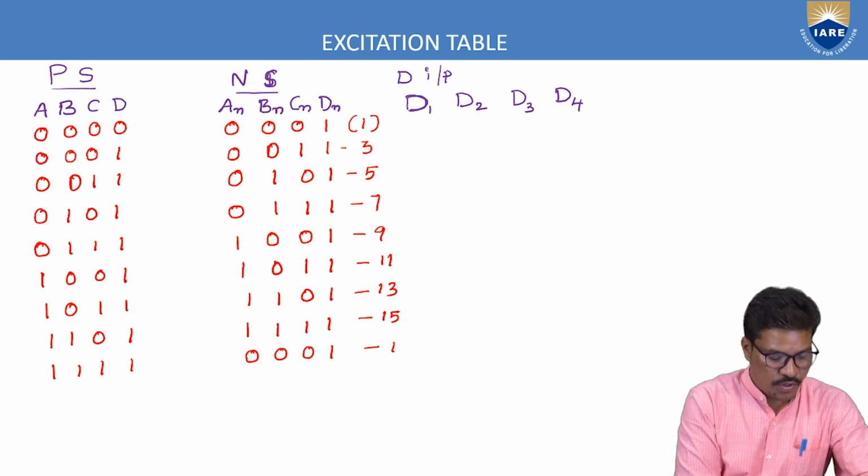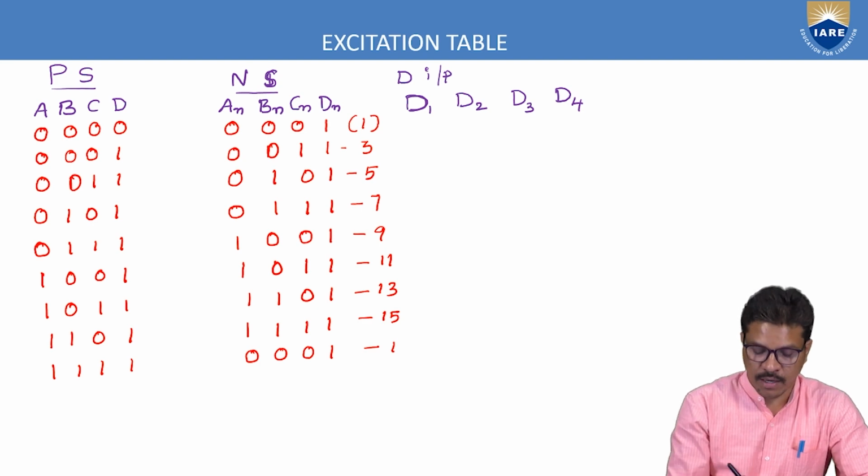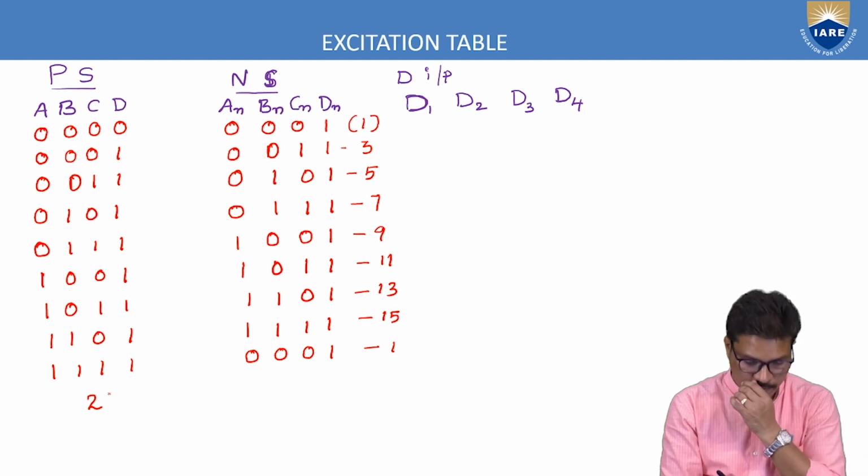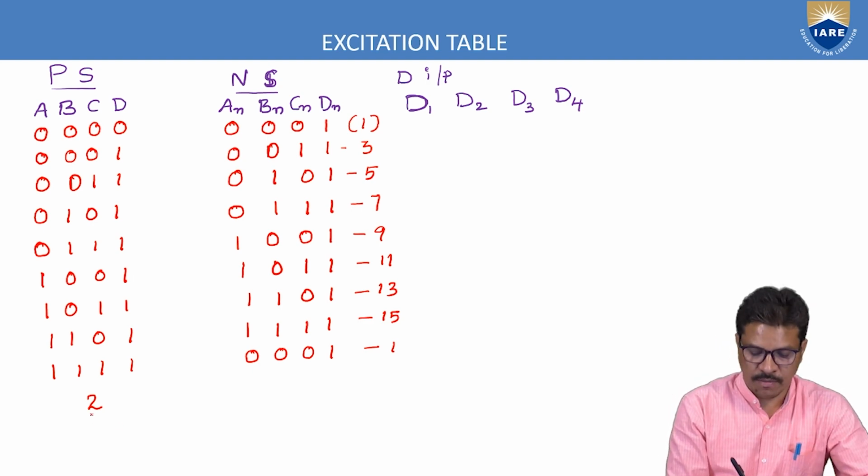So for example, any state, the circuit diagram which is in state 2, I am just representing in decimal form.